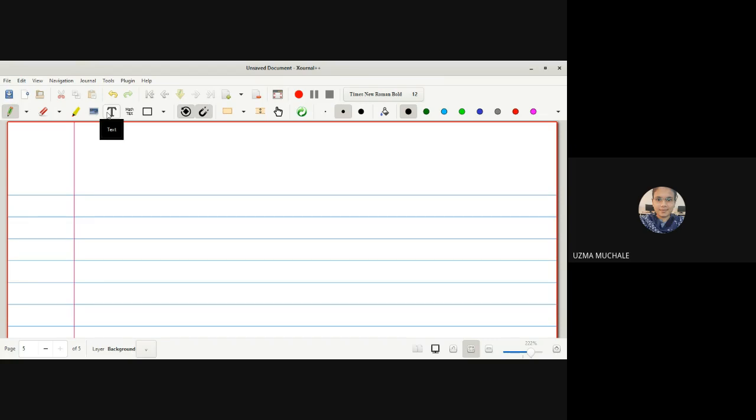Let me write down the definition of a frame. You have to see this definition and tell me what I have written and what you understand from this.